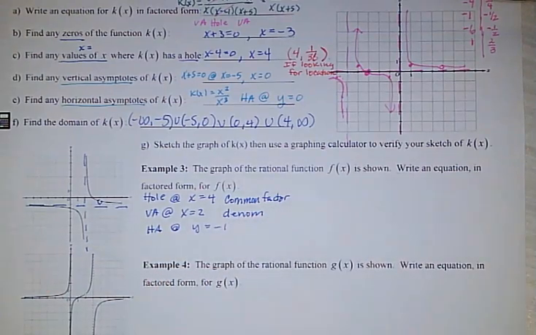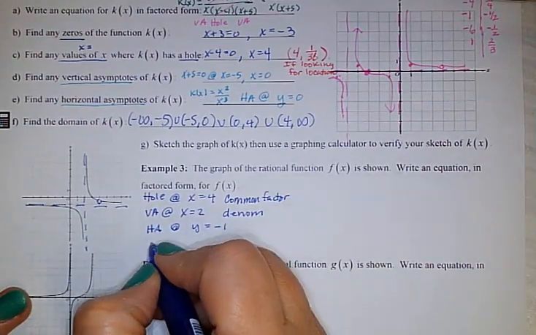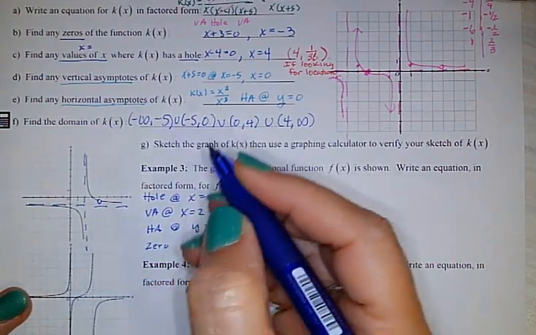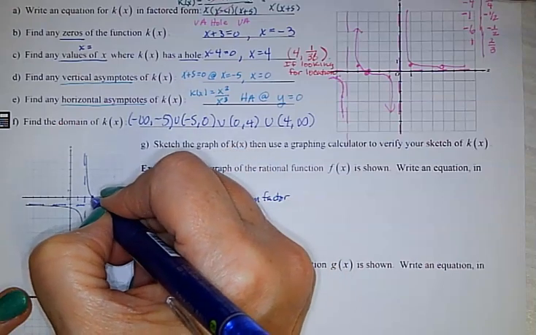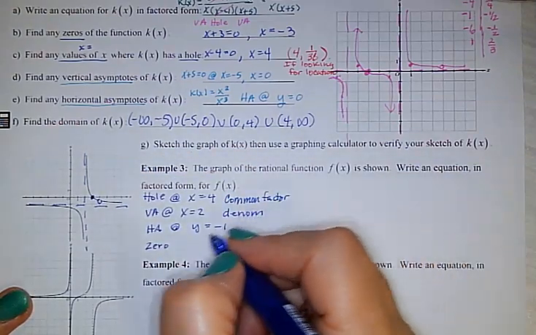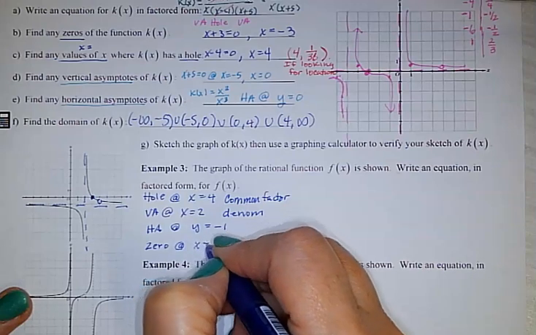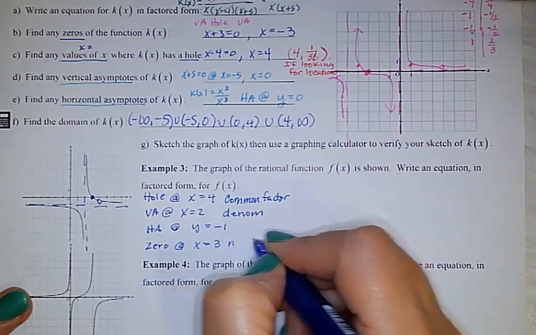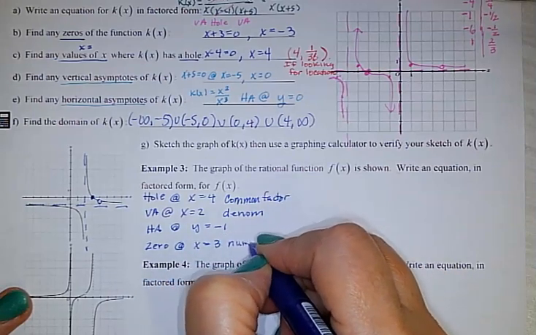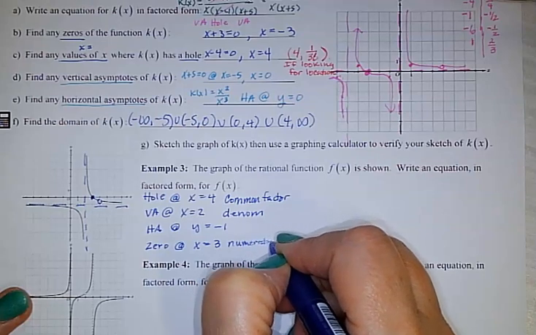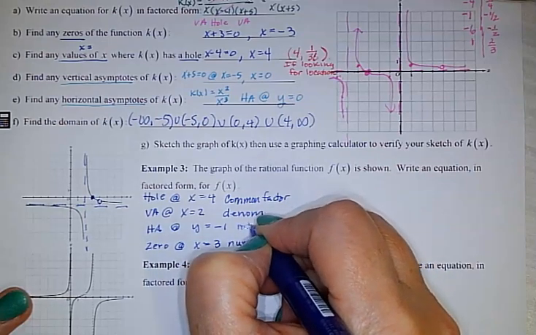So that might be something like negative x squared over x squared or something along those lines. And we know we have a 0 because it crosses the x-axis right here at x equals 3. And that's going to affect the numerator.